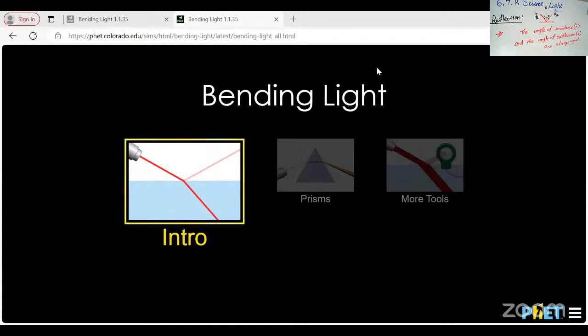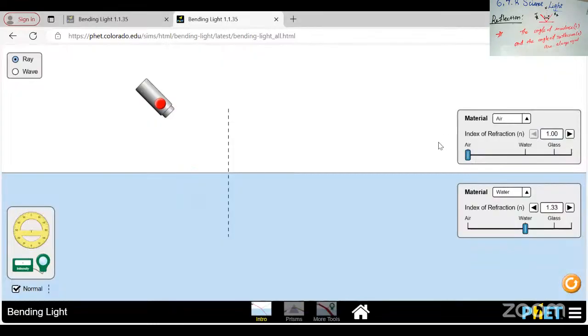With the help of the simulation, we are going to understand reflection, how the light is bent, how the light passes through, how the light is reflected, and what different kinds of materials we have.